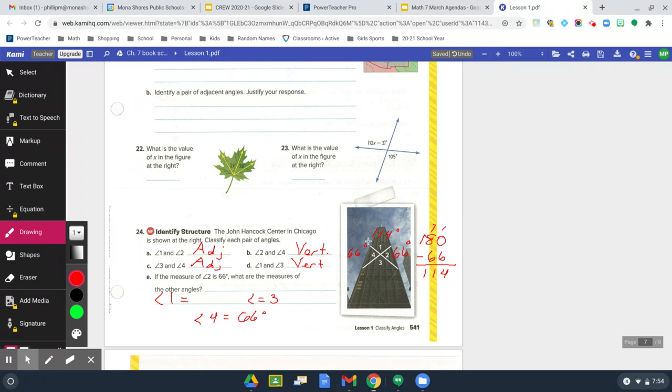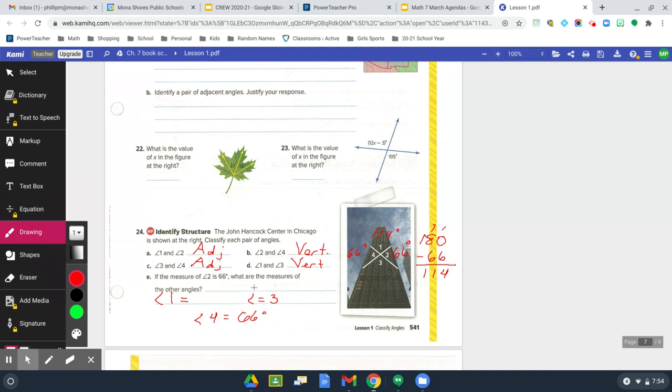And so angle 1 is 114. Again, angle 1 and angle 2 are adjacent. This is a 180 degree straight line. 114 and 66 added together would give you 180 degrees for that straight line. And it makes sense. This angle 1 is an obtuse angle. It has to be greater than 90 degrees. So it's 114 when we do the math.